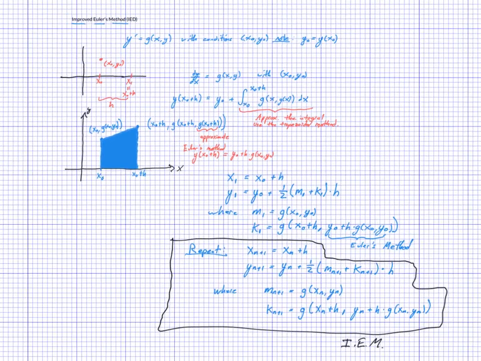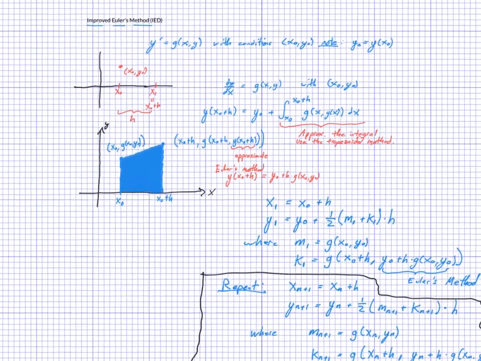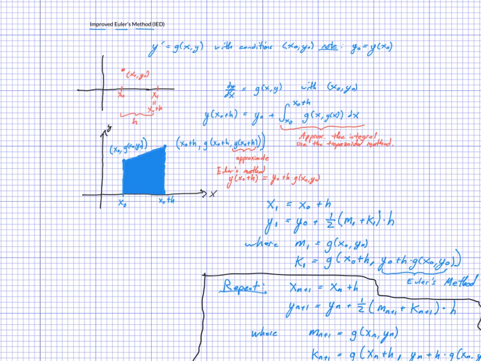Lastly, before I move on, I want to say that all the other methods after the improved Euler's method, and eventually we'll get to the Runge-Kutta method of order 4, are basically using approximations for this integral. So if you can approximate this better, the better the numerical solution is for the ODE.